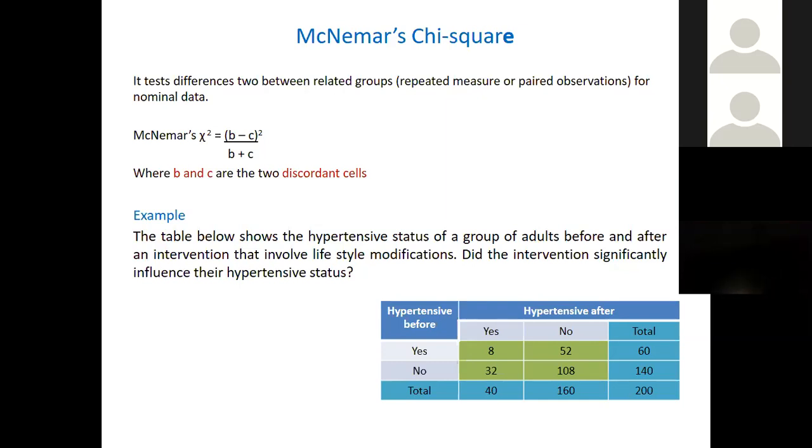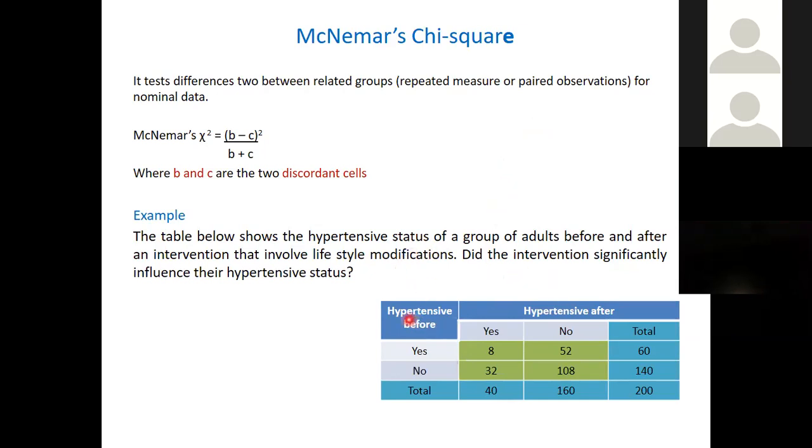Let's just look at an example here, because it is more easily understood by looking at an example rather than just talking. Look at the example below. It shows the hypertensive status of a group of adults before and after an intervention that involved lifestyle modification. Did the intervention significantly influence the hypertensive status?